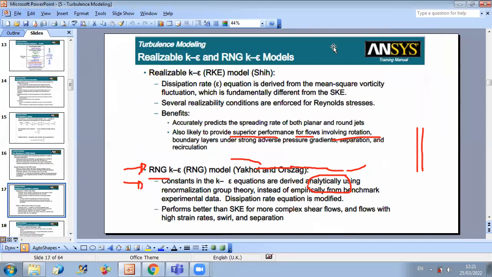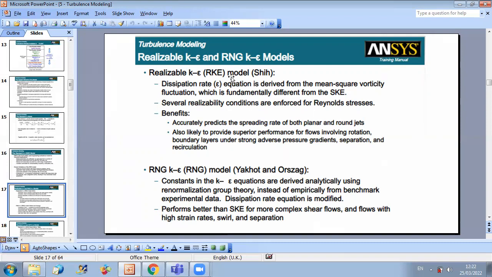Now, we said that we have other groups of K epsilon model. The second one is the realizable K epsilon model. In this model, we modify the standard K epsilon equations to have better prediction and to overcome limitations of the standard K epsilon model.